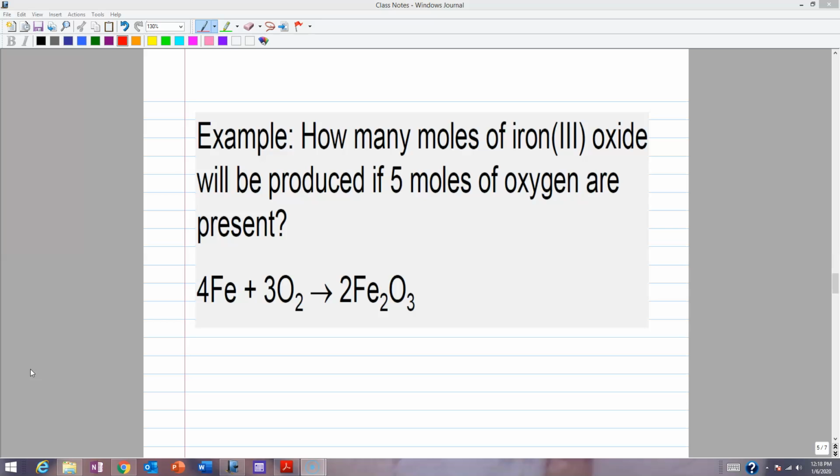Example problem number 2 asks us how many moles of iron 3 oxide will be produced if 5 moles of oxygen are present. So I know my given is 5 moles of oxygen.